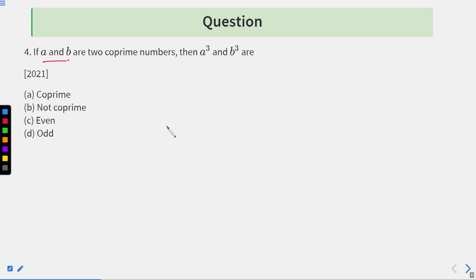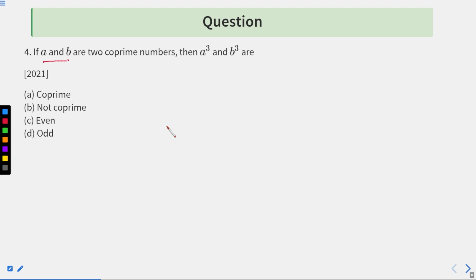That means A and B have no common factors other than 1. In one word, when the GCD or HCF of two numbers is equal to 1, then those two numbers are called co-prime numbers. So in this question, A and B are two co-prime numbers.